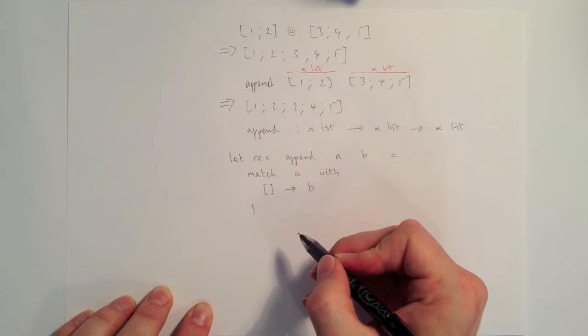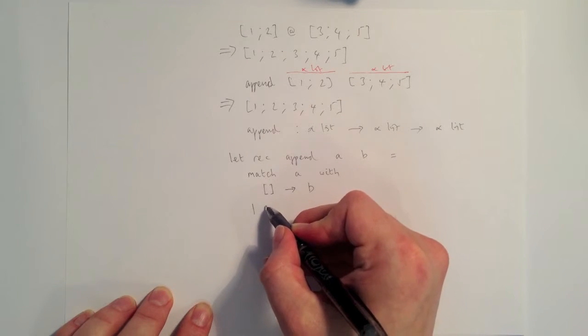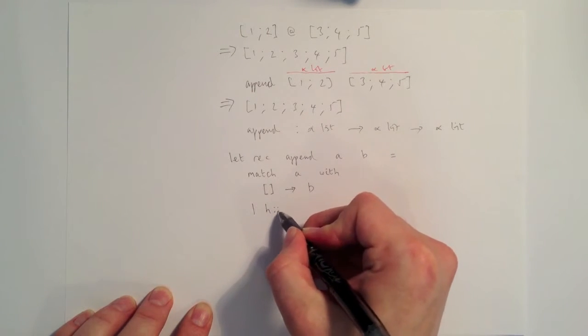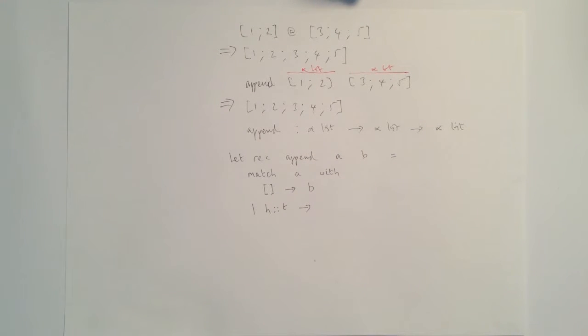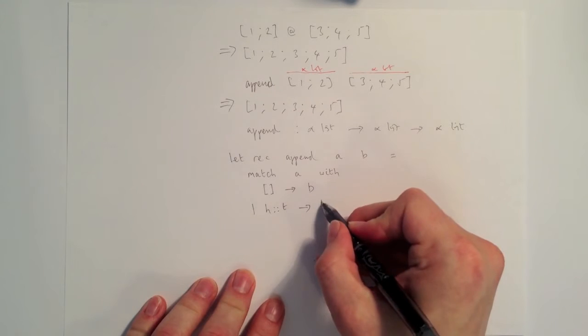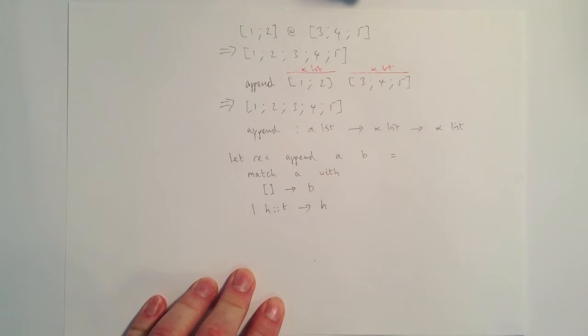So what's the other possibility for A? Well, if it's not empty, it must have a head and a tail. In which case, what do we want? Well, the first element of our result list must be H. The first element of A becomes the first element of the appended list.